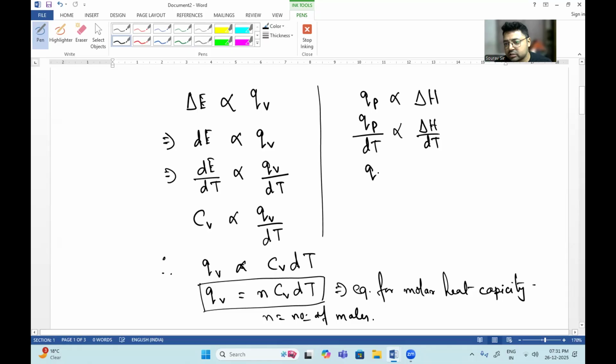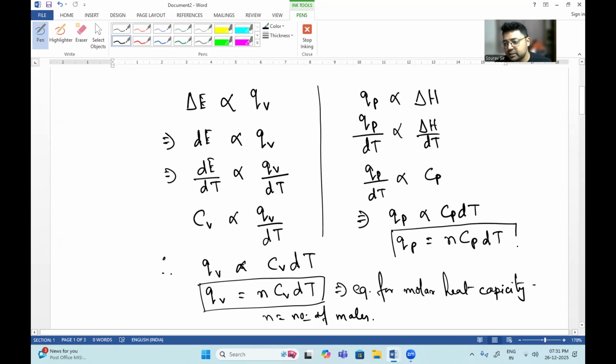Now this QP by dT is directly proportional to CP, and delta H by dT will be CP. Now QP is directly proportional to CP dT. When we bring an equal to sign, a constant of proportionality comes and we get QP equals nCP dT.